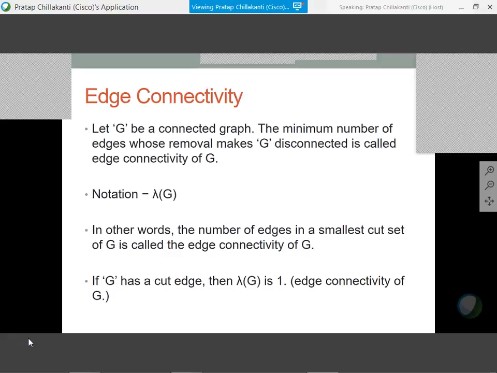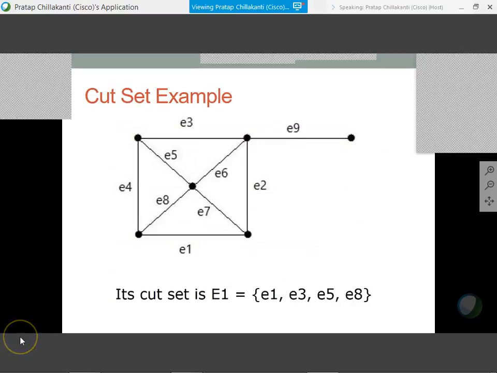When we are analyzing problems, we actually do graph modeling, and doing that, we look at edge connectivity. If I see an edge connectivity of 1, that immediately tells me there's a vulnerability. If you notice here, I thought somebody would bring that out. In this graph, by removing the edge E9, am I already creating disjointed graphs?